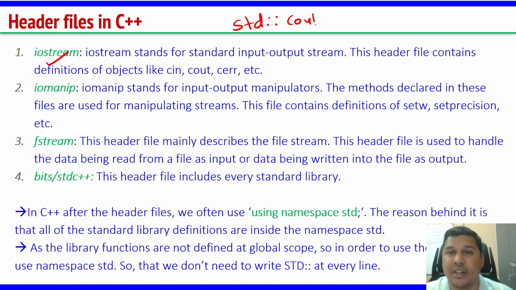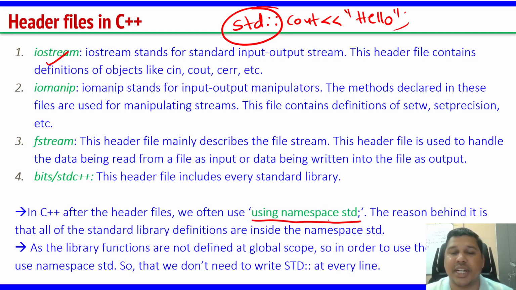Then you have to write cout hello, like this. So to avoid using this in every line, we just write one statement: using namespace std; like this, using space namespace space std and then a semicolon.